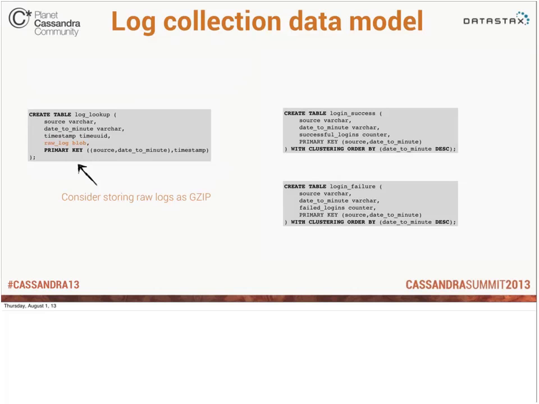I want to look at an event that happened at a certain time. In this log lookup table, I'm going to have the source and then the date up to the minute as my partition key. That will make sure that I have a nice partition of data, not collecting tons and tons of data all in one row.